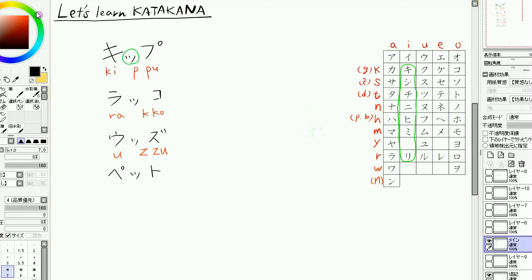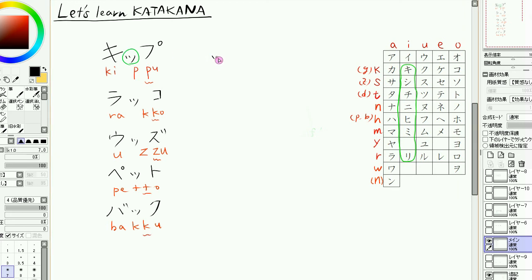How about this? Petto, petto. Yeah. Bakku. So that's how we read small tsu. I'm sure you understand. And actually, it's always used when the next sound is easy to make the breath stop, right?